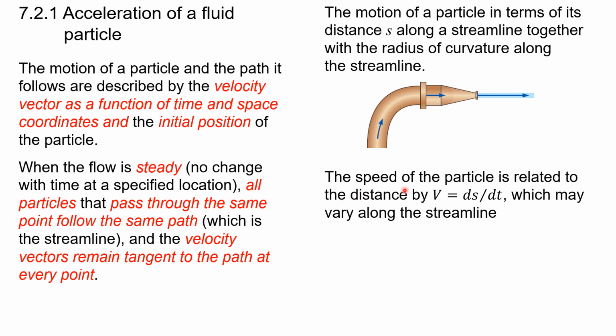So the speed of the particle is related to the distance. From physics, we know v equals ds over dt, so s is the distance covered over time. That is velocity, which may vary along the streamline. Different streamlines can have different velocity, but the same streamline should have the same values.